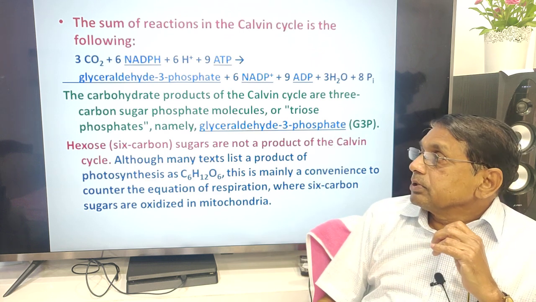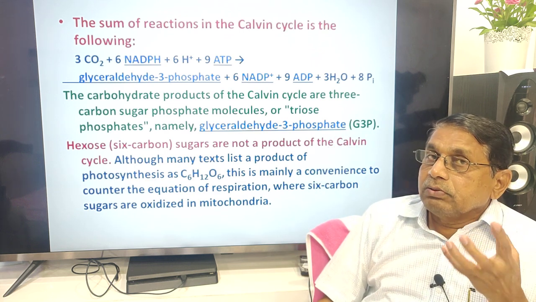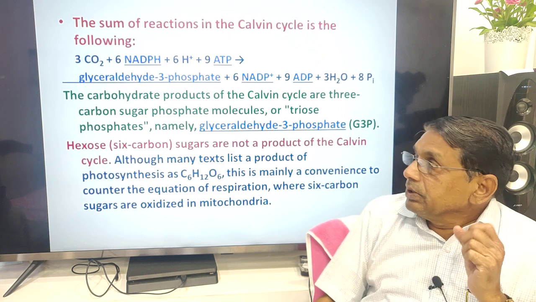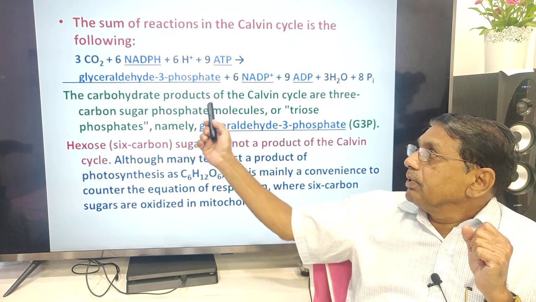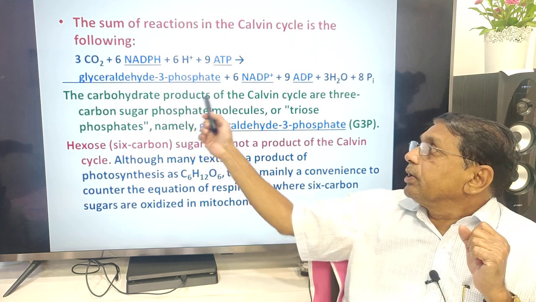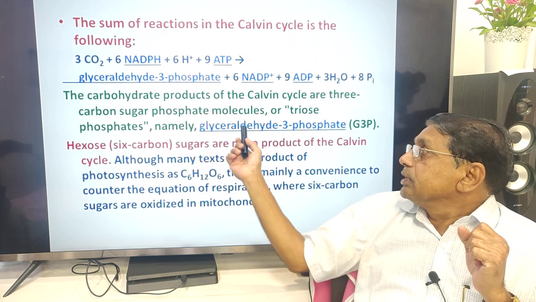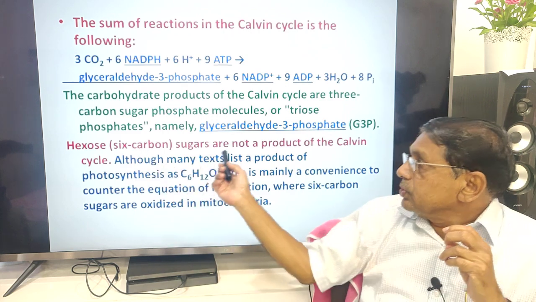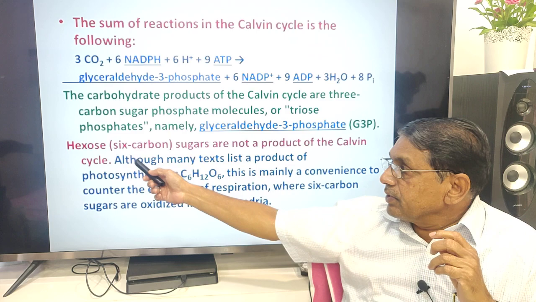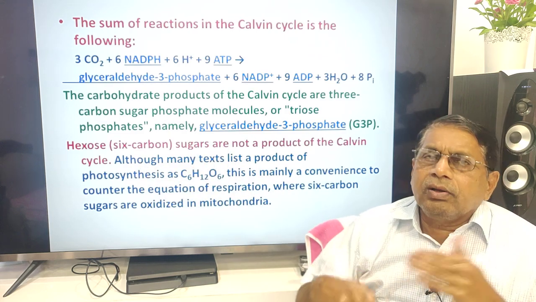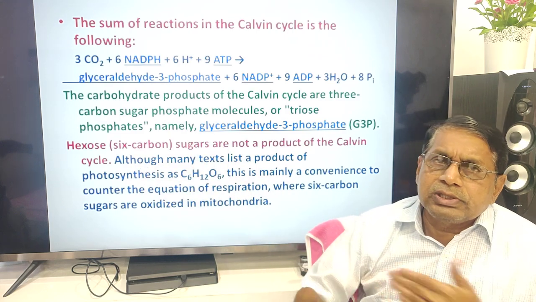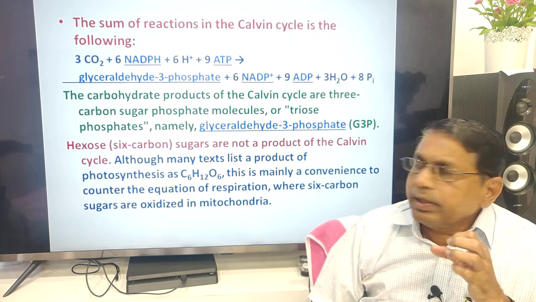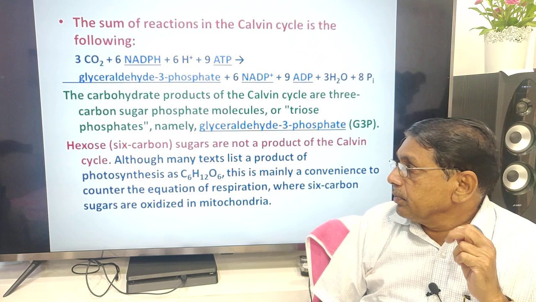Many people think the product is glucose, but strictly speaking, hexose 6 carbon sugars are not the product of the Calvin cycle. Later on, glyceraldehyde 3-phosphate is converted to glucose, but the immediate product is only glyceraldehyde 3-phosphate.